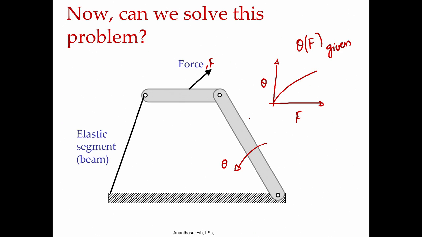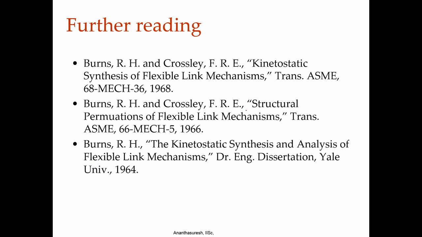Can we do that? In order to do that, we have to also capture the elastic behavior of a cantilever beam as it undergoes large displacement. That is what we will consider in the next lecture. For the reading for this lecture, needless to say, this paper of Burns and Crossley is very important, and they also had written a paper 2 years before that, which is structural permutations of flexible link mechanisms.